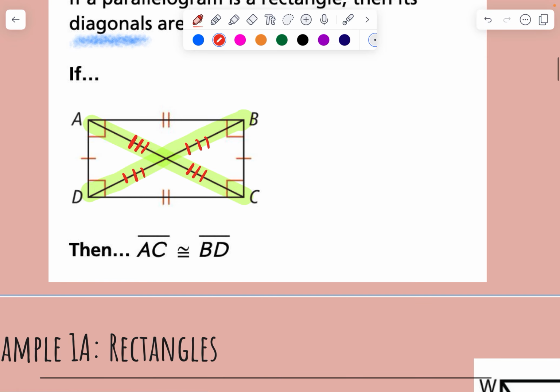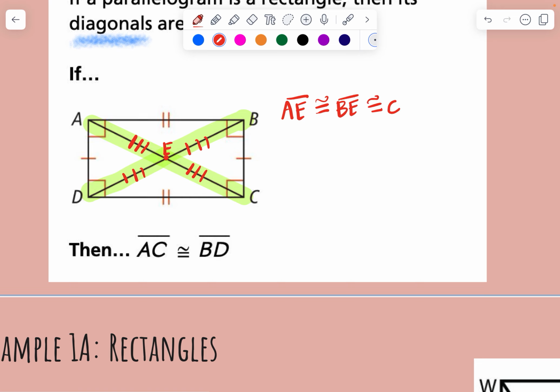Okay, so if I add another letter in here, I'm just going to add an E in there, that middle point where they cross. AE is congruent to BE, is congruent to CE, is congruent to DE. So each little part is the same.